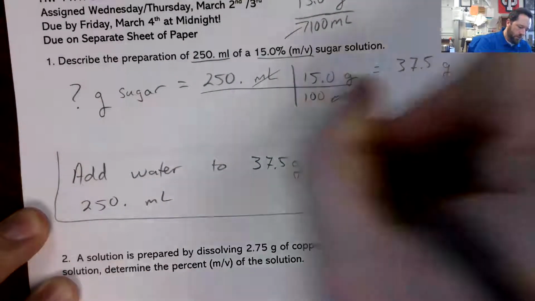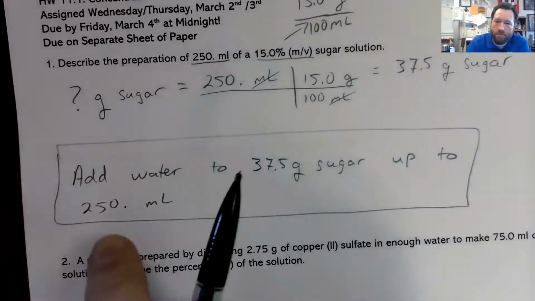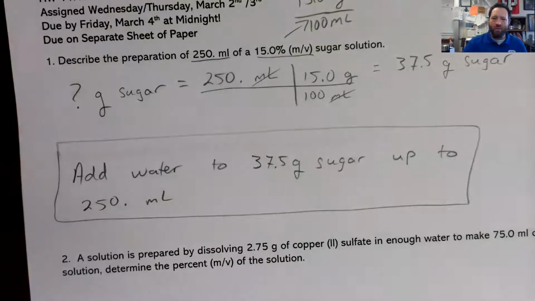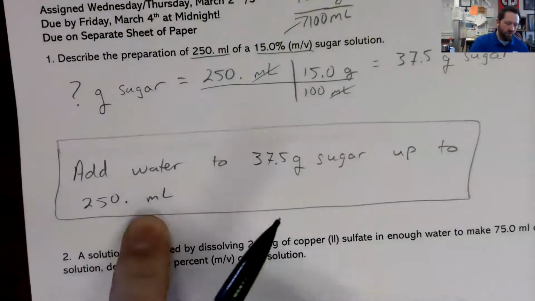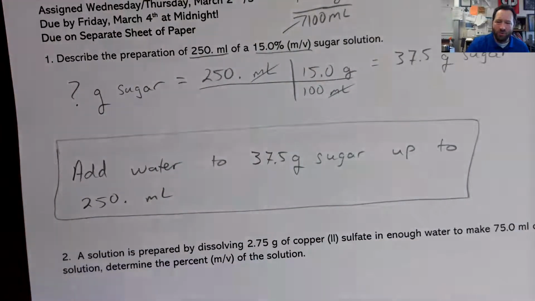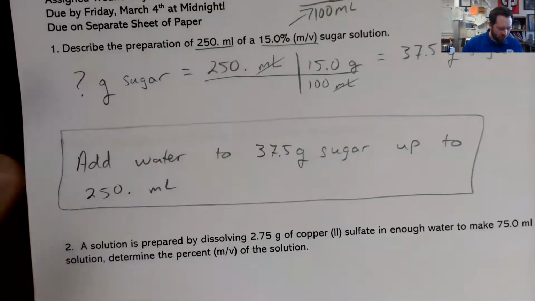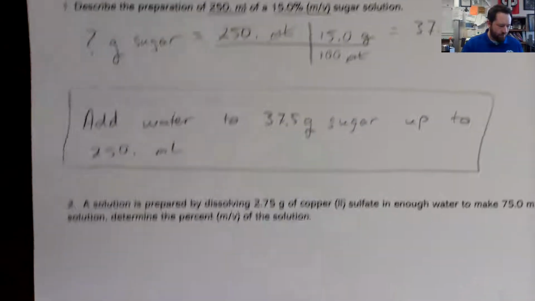And that is how we answer this particular question. Again, the idea being we can't add the sugar to the water, otherwise we're going to increase our final volume and we'll have more than 250 milliliters. We only want a 250 milliliter solution, not 250 milliliters of solvent. So we have to phrase it similar to this as our appropriate final answer.